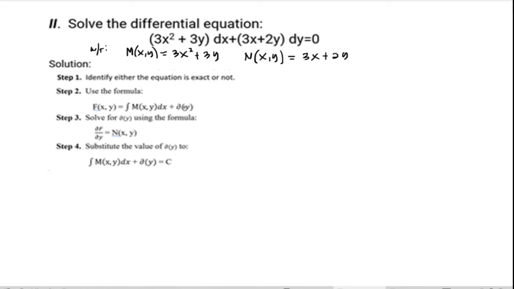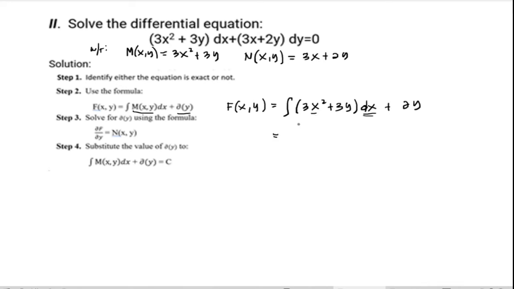For step 2, the function f(x,y) is equal to the integral of our M, 3x squared plus 3y dx, plus the unknown function of y. For this integral of 3x squared plus 3y dx, this is dx, therefore our x is the variable.